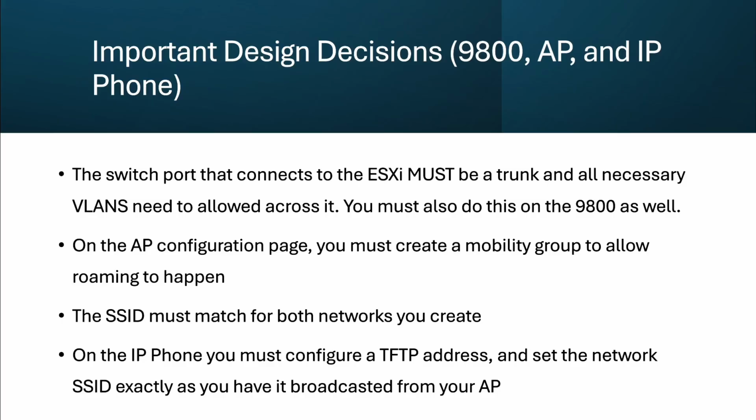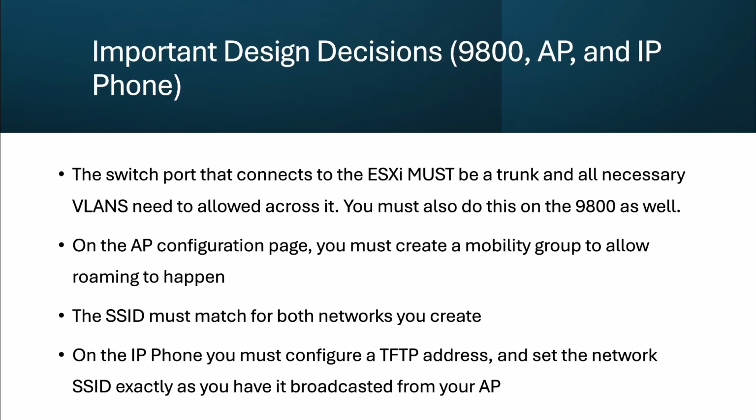Next, the SSID must match for both networks you create. This is pretty self-explanatory, but it's more so important for the IP phones. So once you have your IP phones, you need to configure a TFTP address, and then this is where the SSID comes into play. You need to have the same SSID, but you also need to type that SSID into your IP phone exactly as you have it broadcasted from your AP.